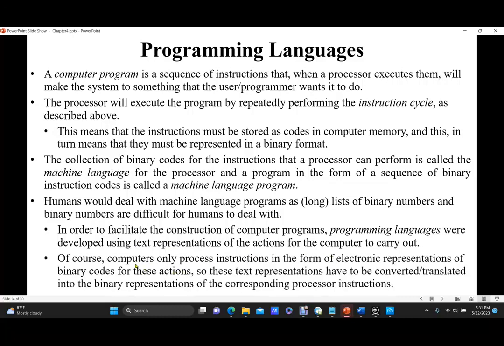Of course, computers only process instructions in the form of the electronic representations of binary codes, so the text representations have to be converted or translated into binary representations for the corresponding processor instructions.